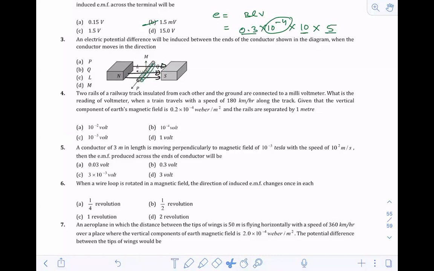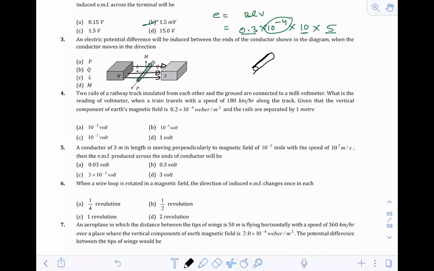Is it cutting any magnetic field? No, because whatever width you have across the top surface and the bottom surface, that length is very, very small. So the EMF induced is less. I have already told you.